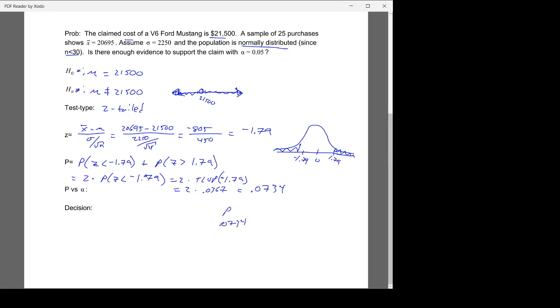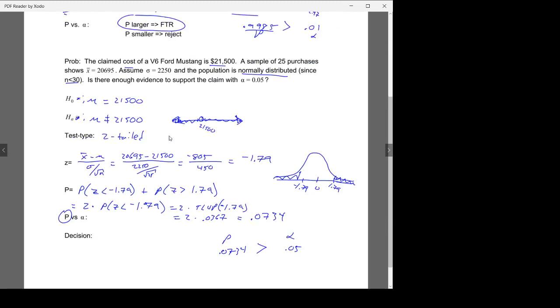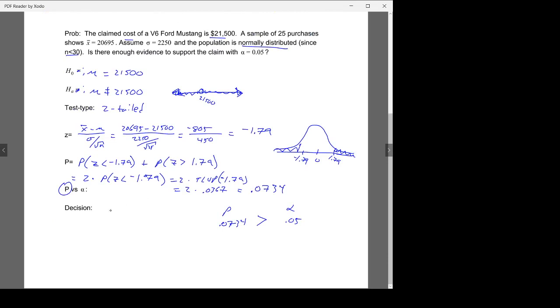So our p-value is 0.0734, about 7%, and our alpha in this case was 0.05. So who's larger? If you look here, you say, well, I'd rather have 7 cents than 5 cents. So p is larger. Remember, up here, if p is larger, we fail to reject. So this is another one where we fail to reject. Our sample mean was close enough to that 21,500.